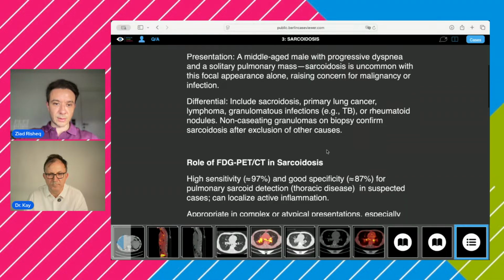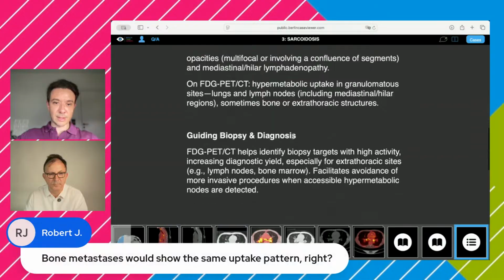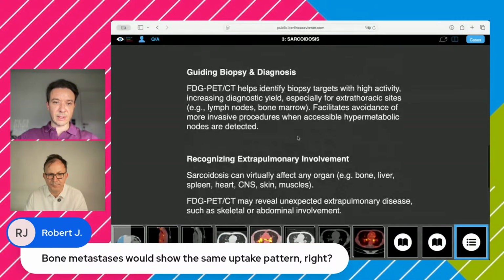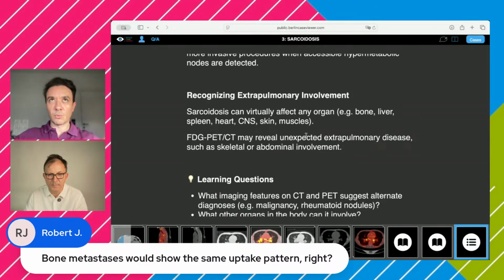This is the history of the patient. You can go through it, and there are a few learning points describing the role of PET in sarcoidosis. Just a couple of points. What you should remember is that sarcoidosis can manifest in many different ways. I had a patient with splenomegaly and diffuse uptake, and it was actually sarcoidosis.